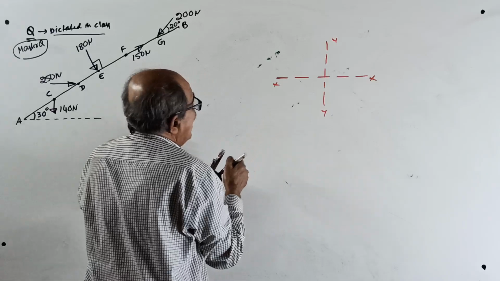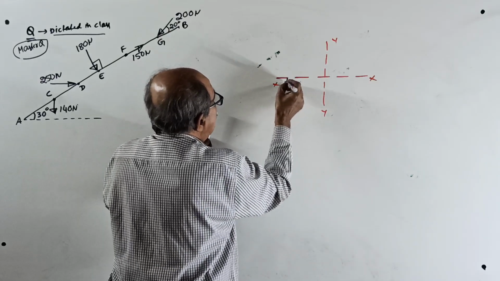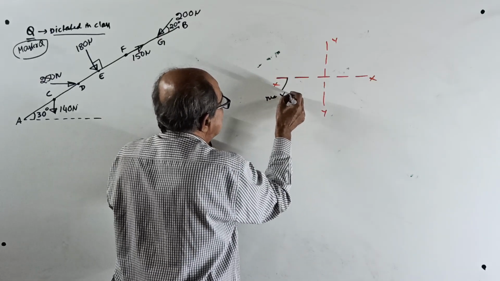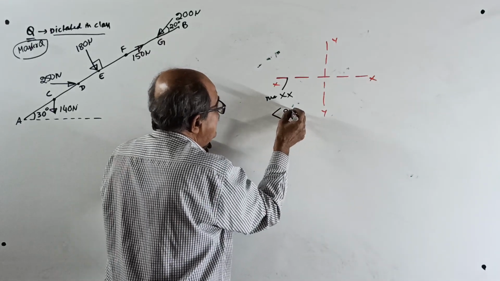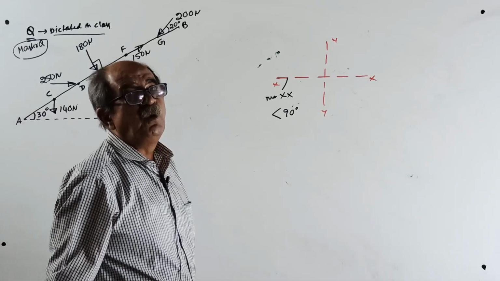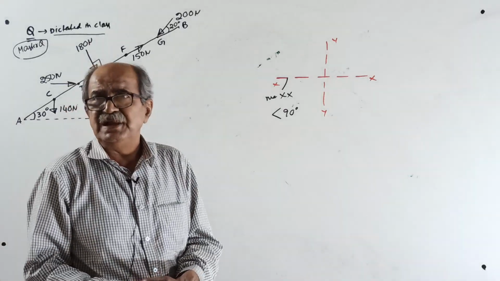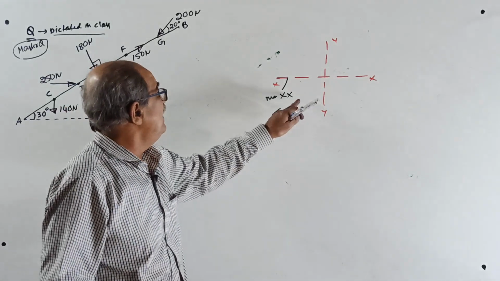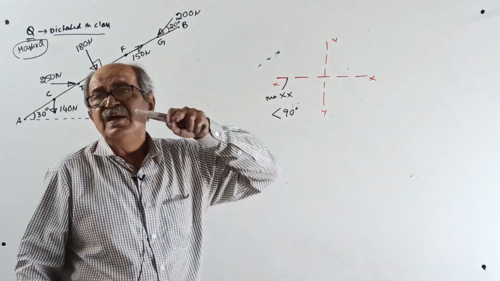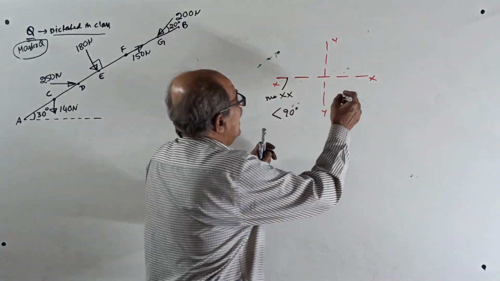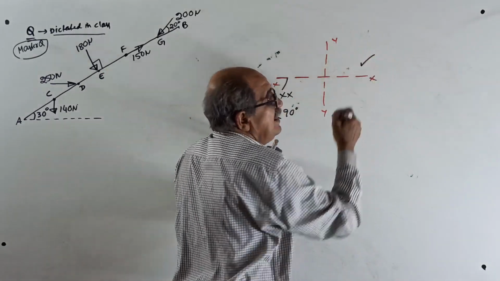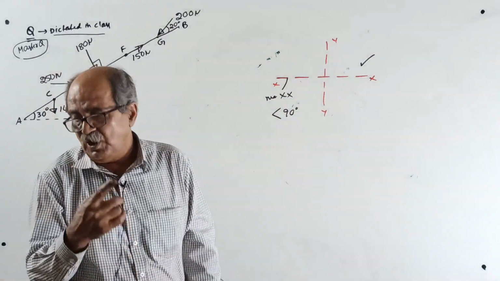I told you to always measure the angle with the nearest xx axis, and that angle is less than 90 degrees. More than 90, and what mistake will come, I will explain later. Then you can close your eyes: the x component is cos, the y component is sin. I have told you this already, I think for the 30th or 40th time.